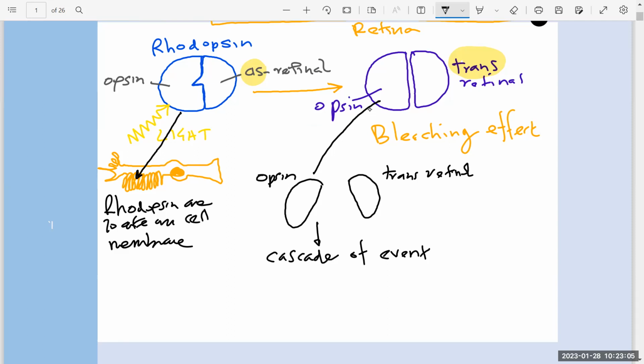If you remember blood clotting, it is an example of a cascade of events, right? Thromboplastin is released, thromboplastin converts prothrombin into thrombin, then thrombin converts fibrinogen into fibrin, then the fibrin polymerizes to make the mesh line. It's a cascade of events.